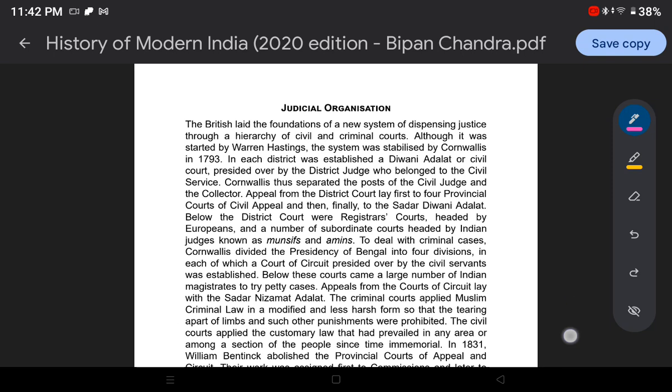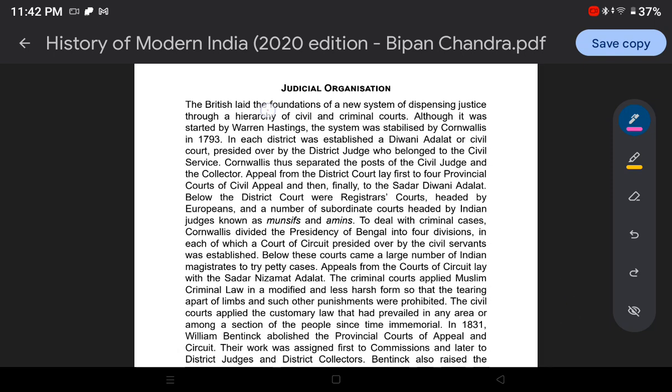Judicial organization. The British laid the foundations of a new system of dispensing justice through a hierarchy of civil and criminal courts. Although it was started by Warren Hastings, the system was established by Cornwallis in 1793. In each district was established a Diwani Adalat or civil court presided over by the district judge who belonged to the civil service.